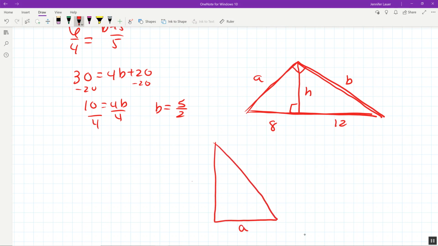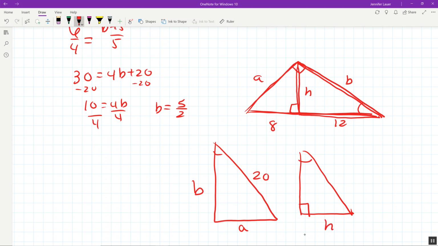So A is going to be in the bottom, B, and then 8 plus 12 is 20. Then I'm going to do this medium-sized triangle here. Okay, so this one is going to be just like this. Now notice this matches this. Okay, and then this one is going to be the right triangle right there.